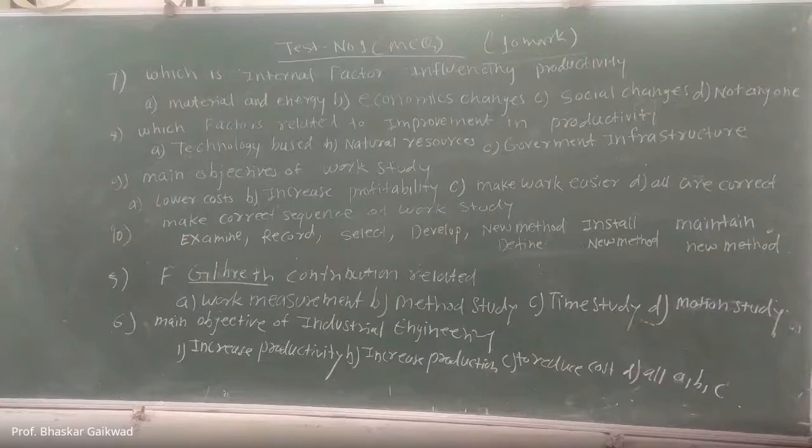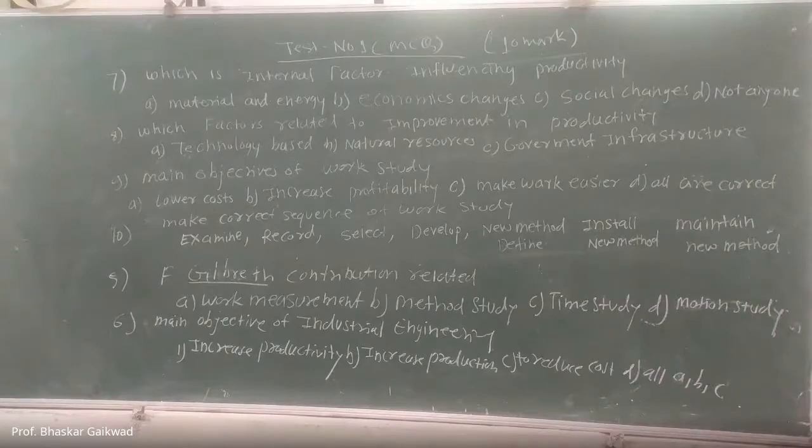Then next, productivity is the ratio of output divided by input. You know that all the raw material is converted into the output by the process. That process is conventional or unconventional, and the rate of doing the work or the units produced in a particular period is called production.